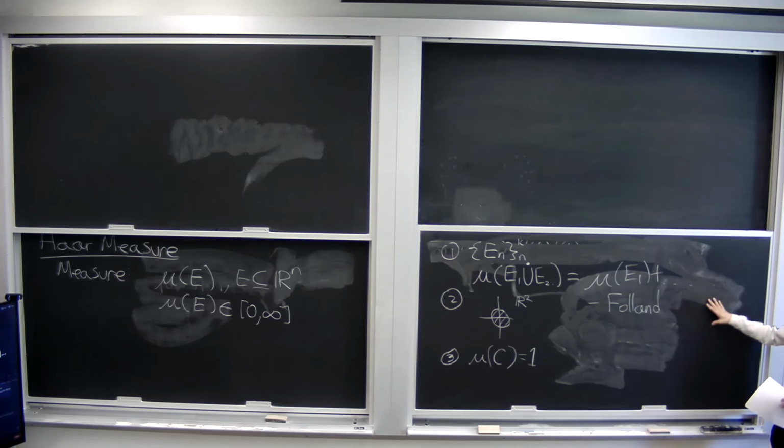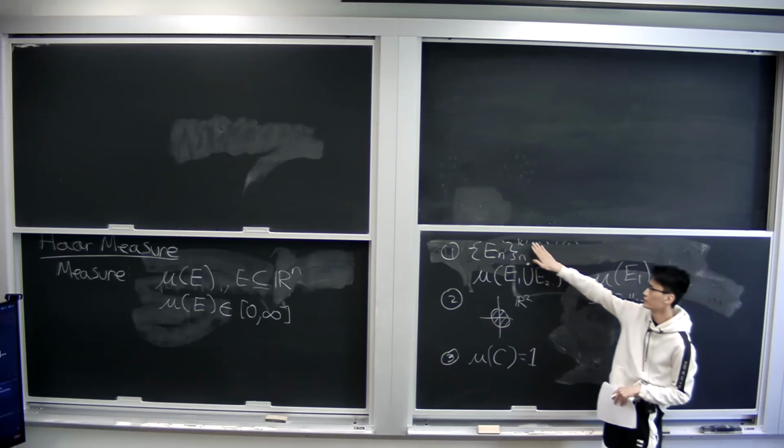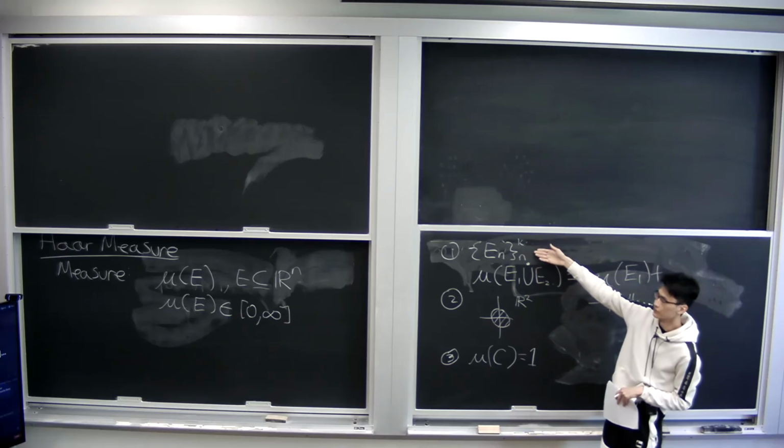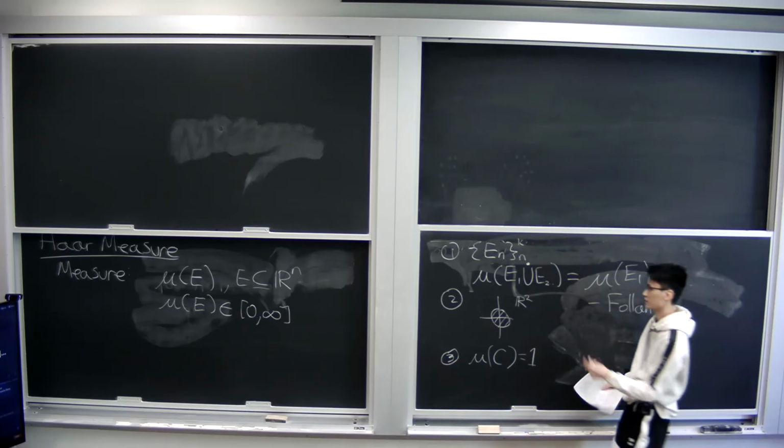And so we might be tempted to weaken some of these conditions, in particular condition 1, by saying, well, how about we just consider finite disjoint unions.